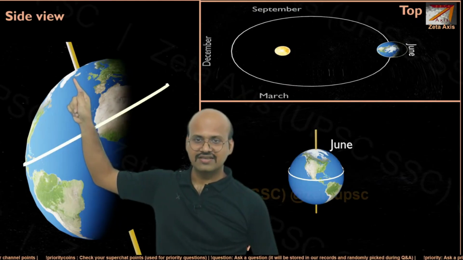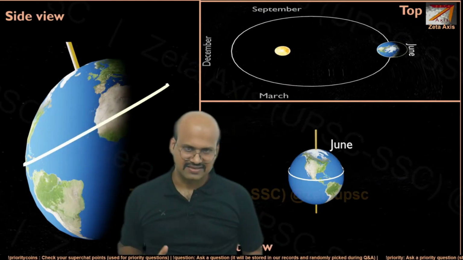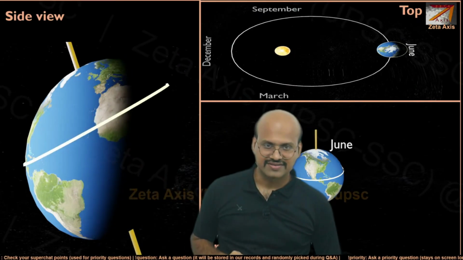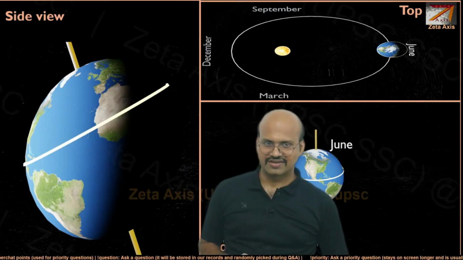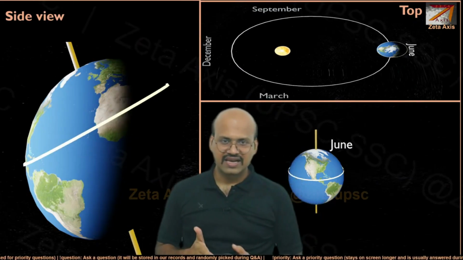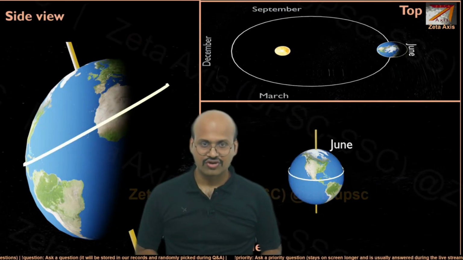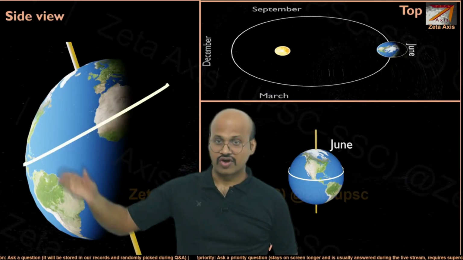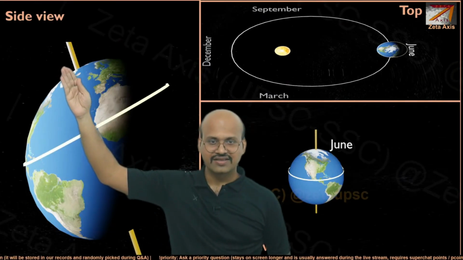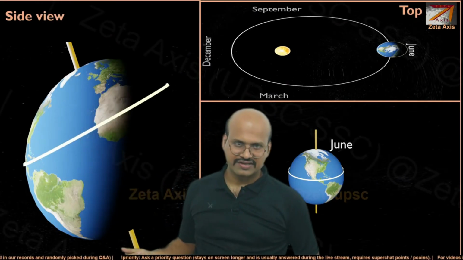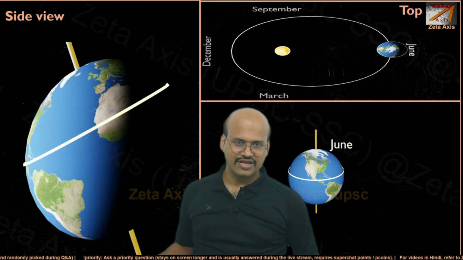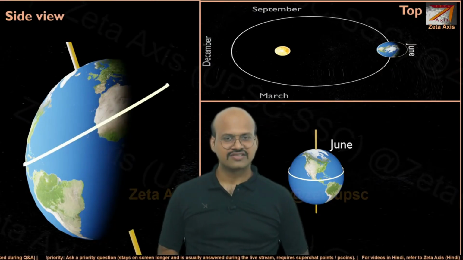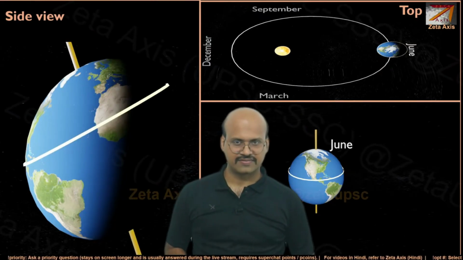We can clearly see how the tilted axis of our Earth as well as the revolution around the sun is influencing the length of the day based on your latitude. If you are at the north pole, that is 90 degrees, or at the south pole, that is again 90 degrees south, then you will have 6 months of sunlight and 6 months of continuous darkness.